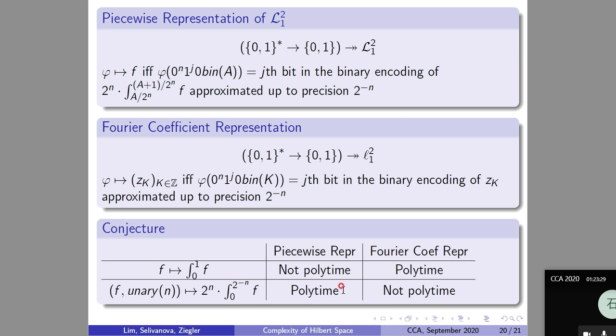This shows that these two representations are not polynomial time convertible to each other, because if they were, then if one is polynomial time computable, the other also has to be. Computability-theoretically, these two representations have already been shown to be equivalent, but our conjecture is that in a complexity-theoretic viewpoint they are not equivalent.